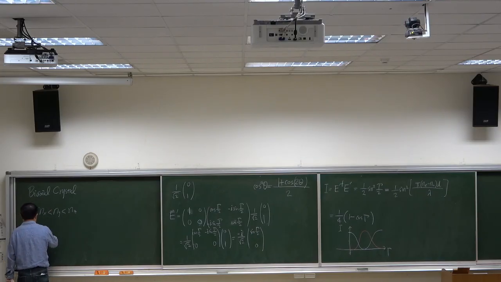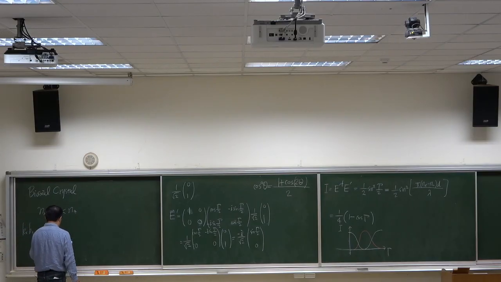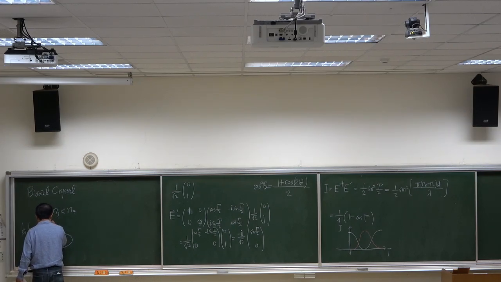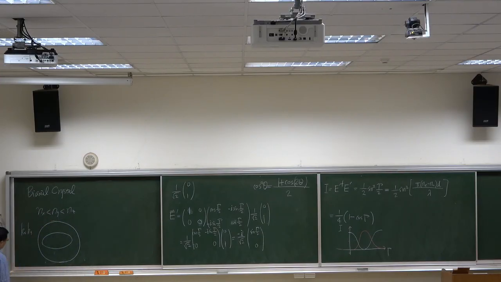Okay. So, for example, in the kx-ky plane, we have 1 small ellipse and 1 big circle.